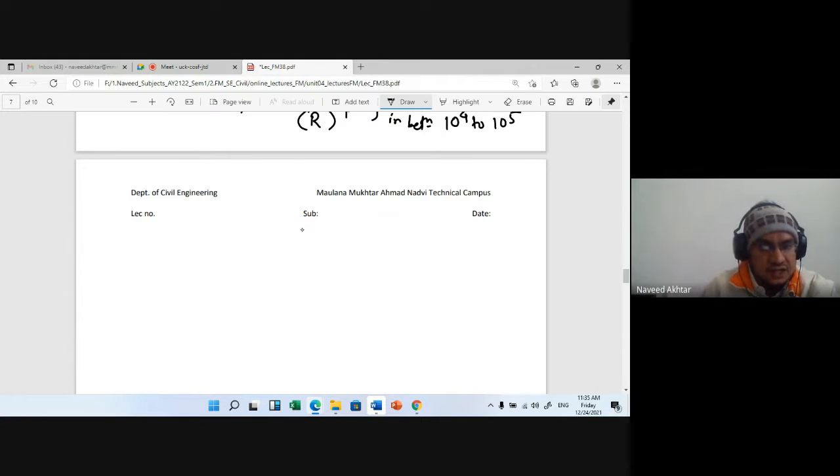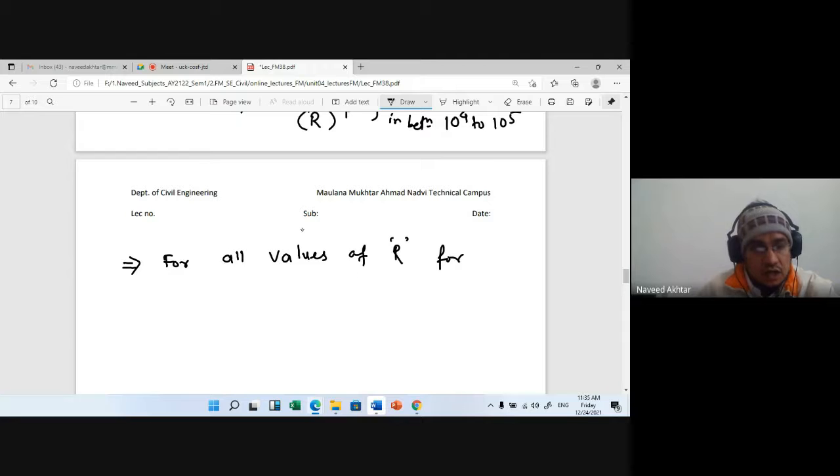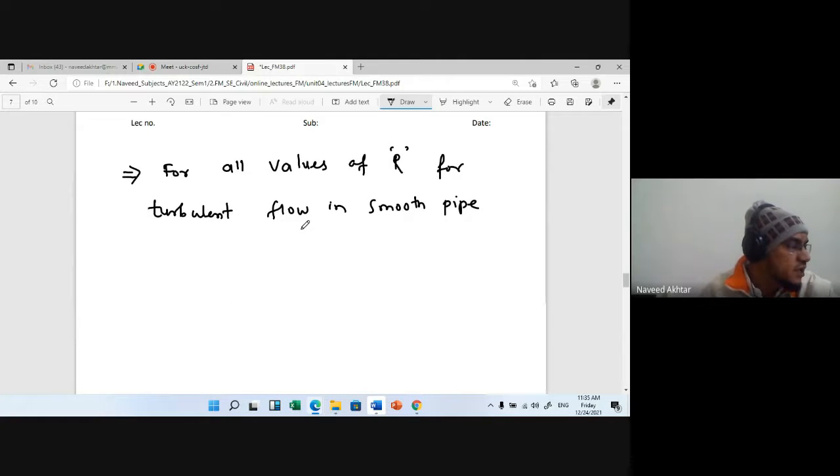And some scientists suggested that for all values of R, for turbulent flow in smooth pipe, not rough pipe, this is given by epsilon upon delta dash should be less than or equal to 0.25.